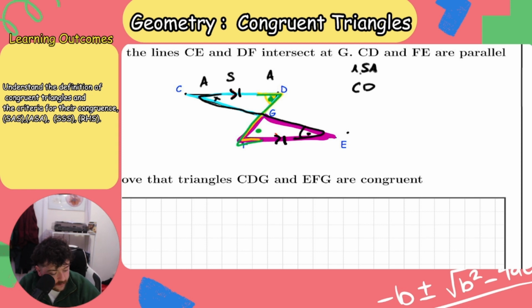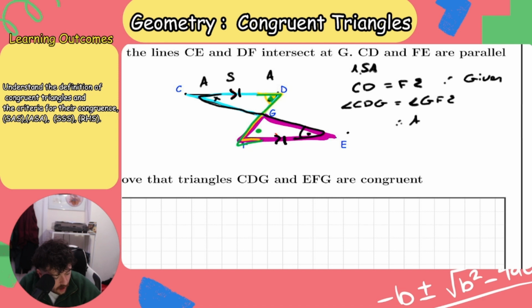Let's get my proof down. I know CD is equal to FE because that was given to me in the question. I also know angle CDG, this green angle here, is equal to angle GFE, alternate angles, and angle DCG is equal to angle GEF, because alternate.